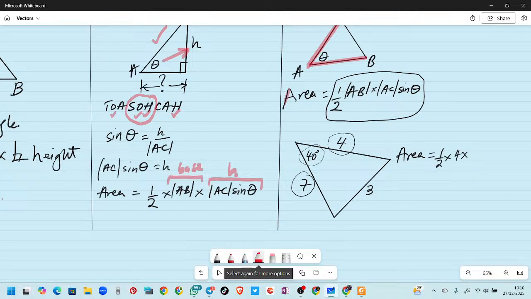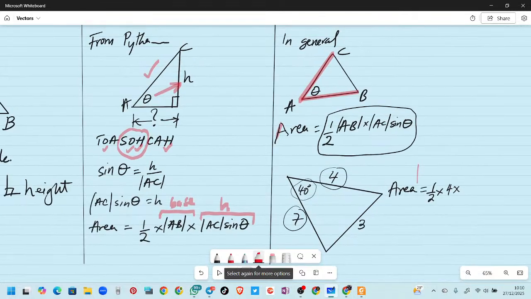So where the angle lies between, if you look at the preamble, you see we have A, B, and A, and the angle is in between these two lines. So where the angle lies in between, that's the value that we are going to use. So how do I write this now? 7, 4 again. No, we are using sine theta.